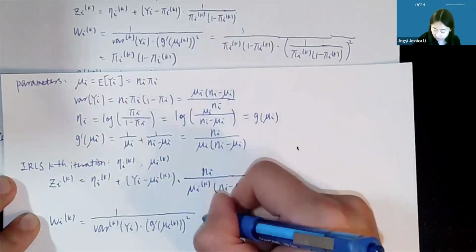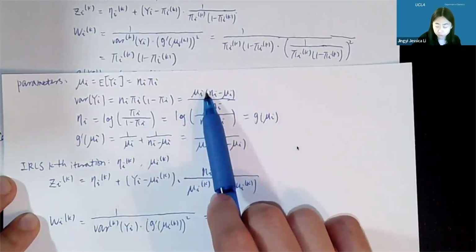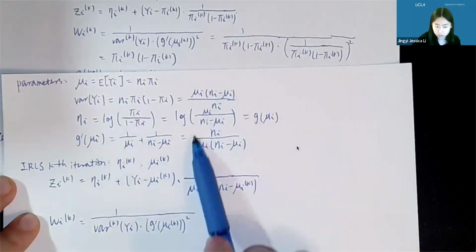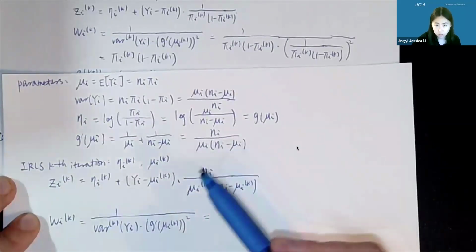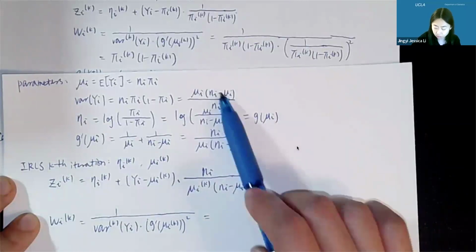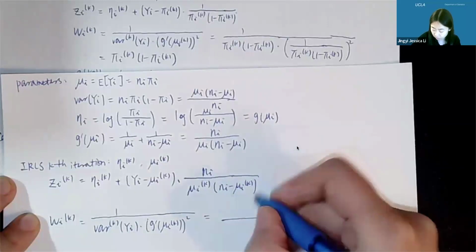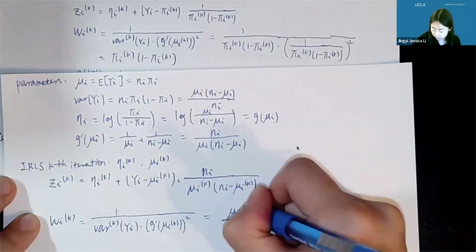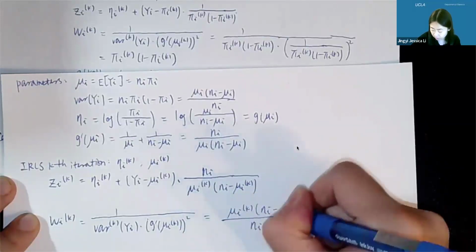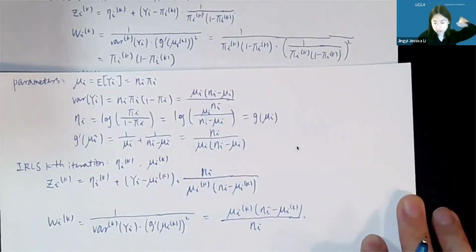Basically, it's the same idea: the variance of y_i is this term, we multiply it by the square of g prime, which is this term in the denominator, then we take the inverse. We can cancel out one copy when we multiply. The end result, skipping the detail, is n_i in the denominator, mu_ik times (n_i minus mu_ik). That's how we get the w_ik.